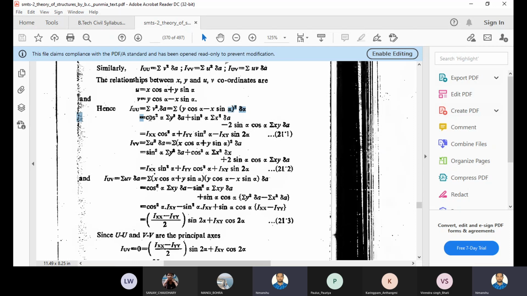On expanding, what we got is Iuu equals Ixx cos square alpha plus Iyy sin square alpha minus Ixy sin 2 alpha. So we got Iuu, the moment of inertia about the uu axis, in terms of the x and y axes.